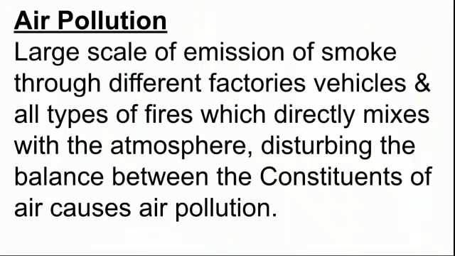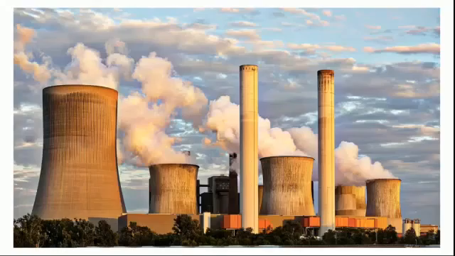In other words, a large scale emission of smoke through the different factories, vehicles and all types of fires which directly mixes with the atmosphere, disturbing the balance between the constituents of air, causes air pollution.